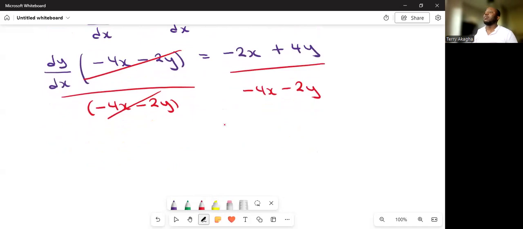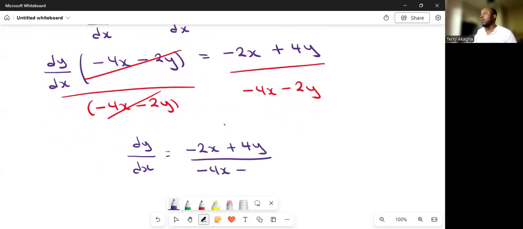Then we're going to have dy/dx equal to minus 2x plus 4y divided by minus 4x minus 2y, okay? So like I said, you can leave your answer like this, or if the question asks you to simplify to the simplest form, you can factorize this.